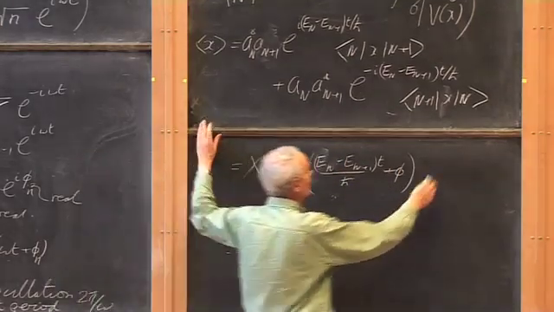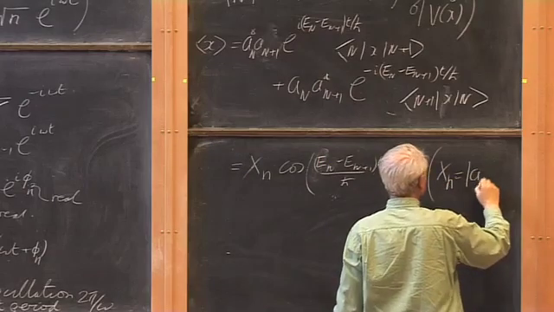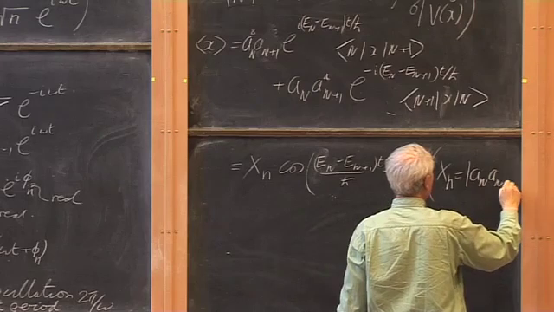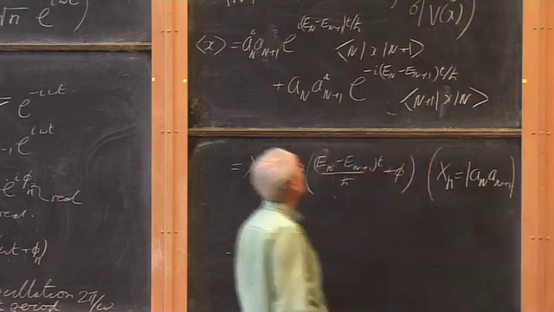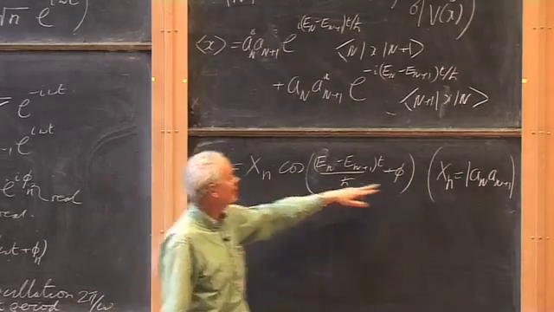Where, just to be concrete, X_n is the modulus of a_(n+1). So a_(n+1) is a complex number. I have its modulus sticking out here, and I stuff its phase into there.